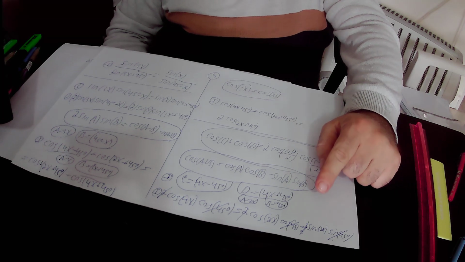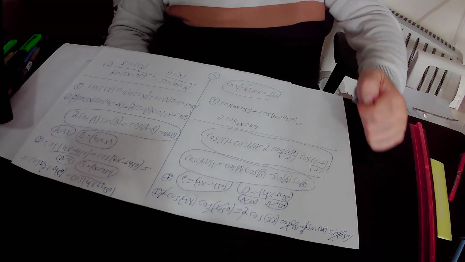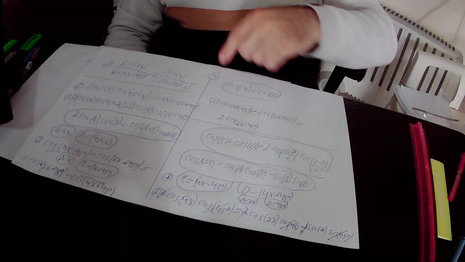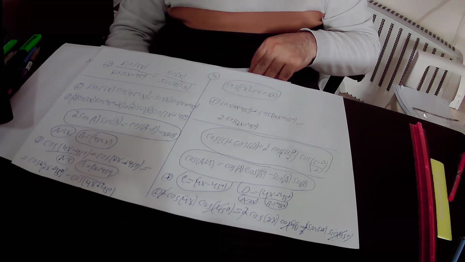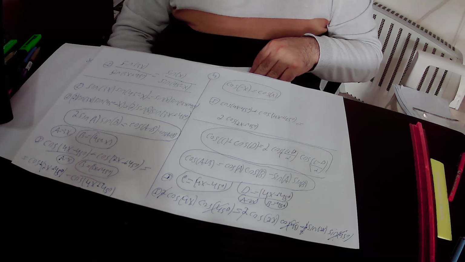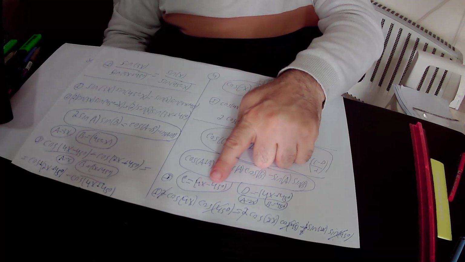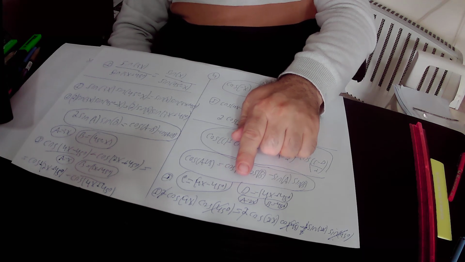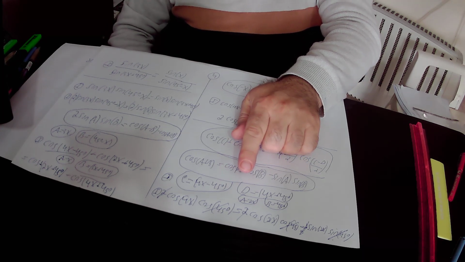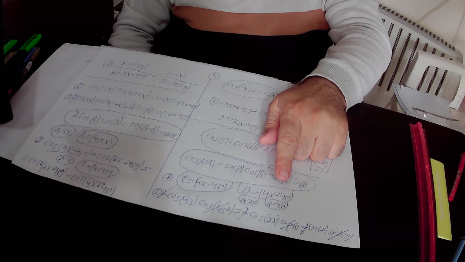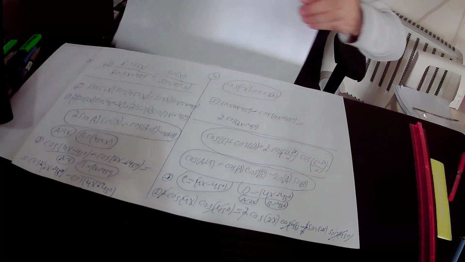Then we divided this equation by 2 cosine 45 degrees, and here what is left after we divided the equation by 2 cosine 45 degrees is cosine 4x, which equals cosine 2x minus sine 2x.